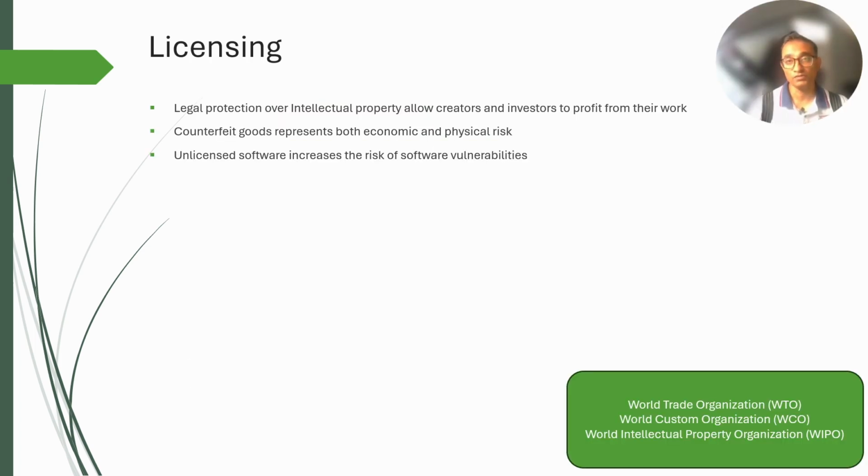Is there a way to protect against this infringement? The answer is yes. For example, licensing is one of the ways where legal protection is extended to the investors who should profit from their work of invention, work of labor, etc. It also helps to protect against counterfeit goods being propagated or spread out in the market, because it may have both economic and physical risk.